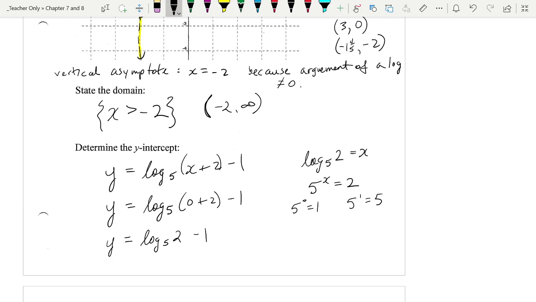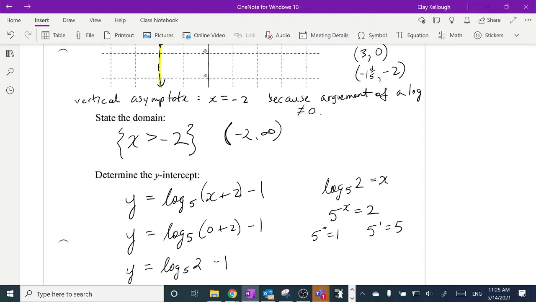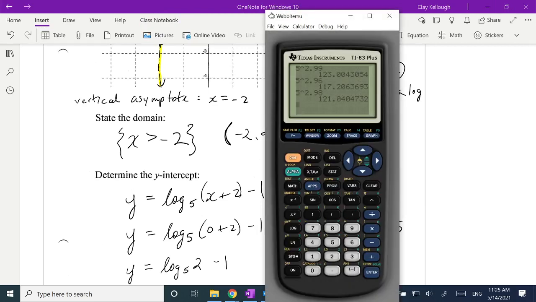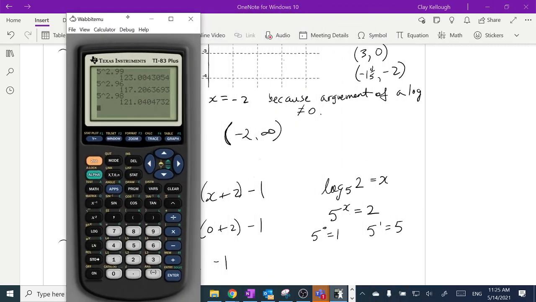And we can guess and check if you like. Is it 0.5? I'm going to use my calculator. Let's see how close we can get to 2. 5 to the power of 1/2, which is actually just square rooting it, right?